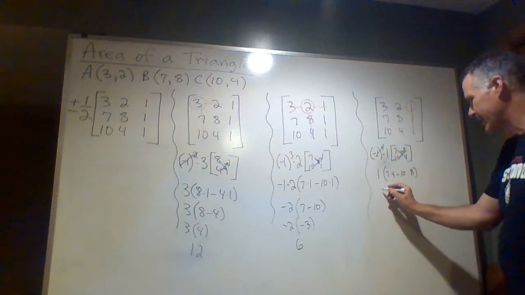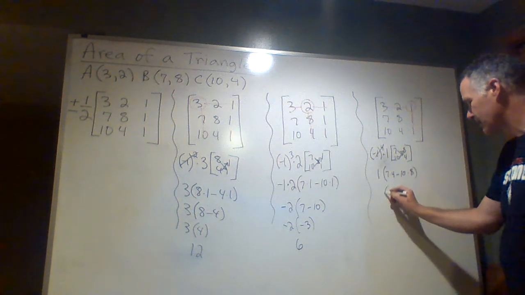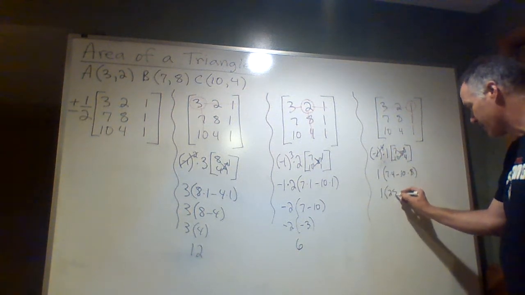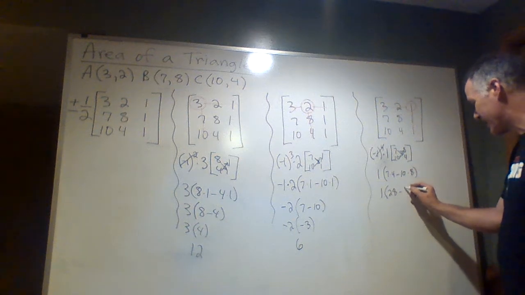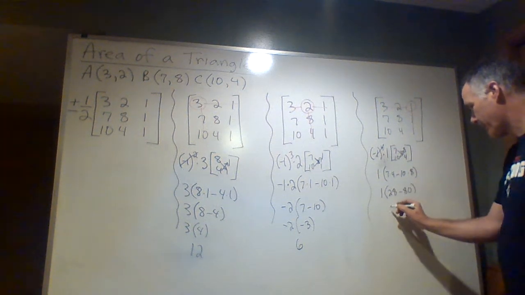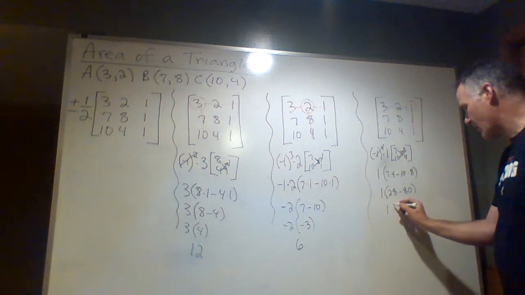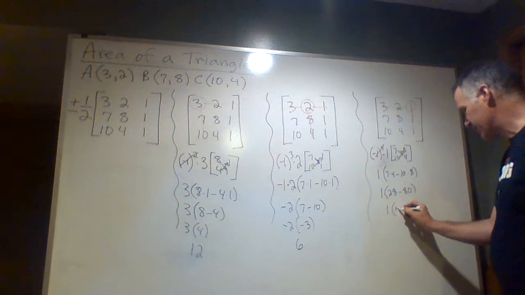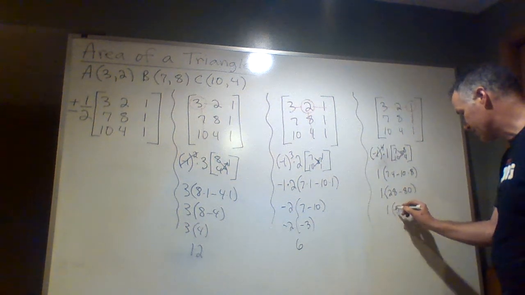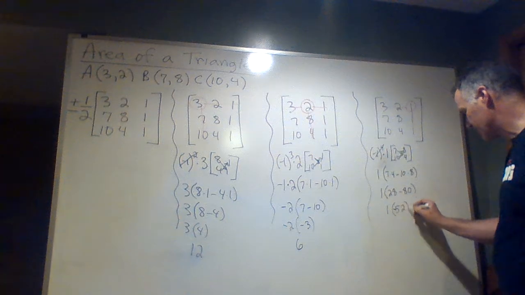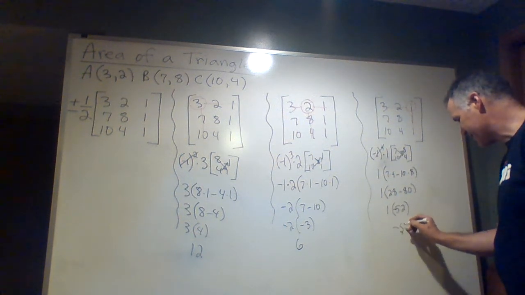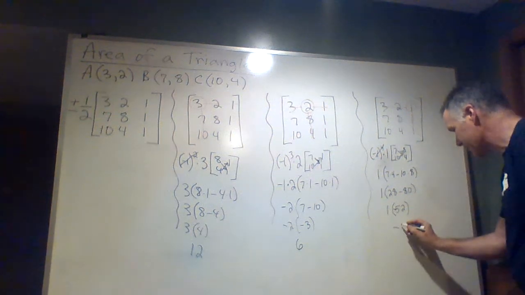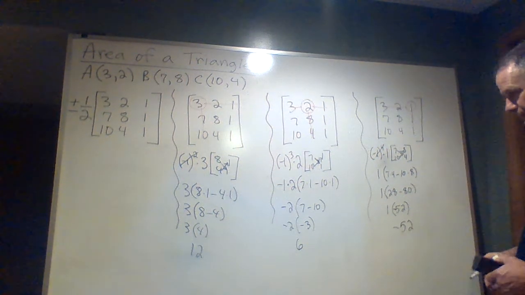Again, the 1 in front really doesn't do anything. 7 times 4, 28, minus 10 times 8, 80. That 1 times, 28 minus 80, that's going to be negative 52. 1 times anything stays the same. So that's going to be a negative 52.